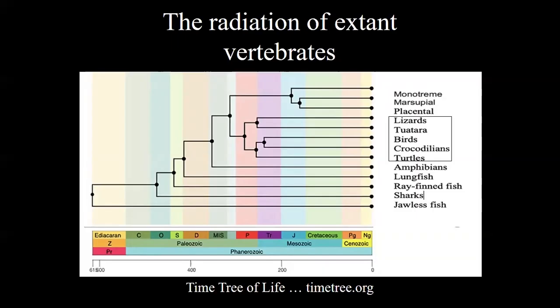You'll see at the bottom, it references a website called Time Tree of Life. Is there anybody here that's familiar with that website? If you're interested in phylogeny, you can just type in a Google search for Time Tree of Life, and on that site you can compose a phylogeny. I put this together myself.